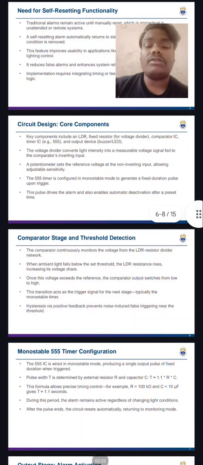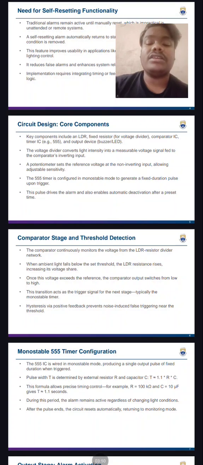Circuit design and core components. Key components include an LDR, fixed resistors, comparator ICs, IC timers like the 555, and output devices: buzzer, LED. The voltage divider converts light intensity into a measurable voltage signal fed to the comparator inverting input.